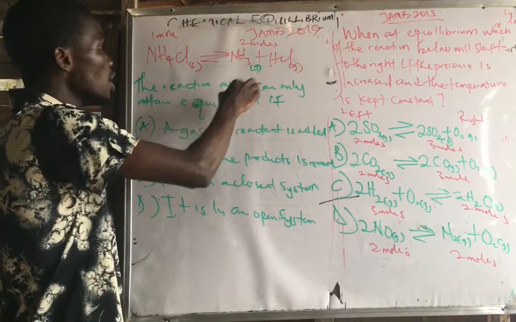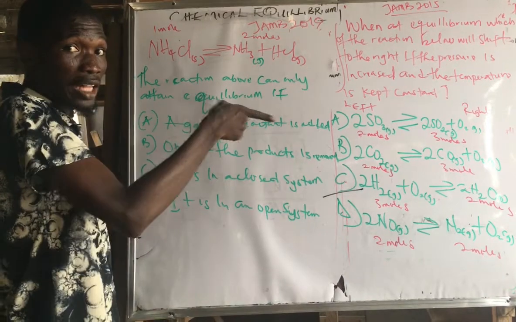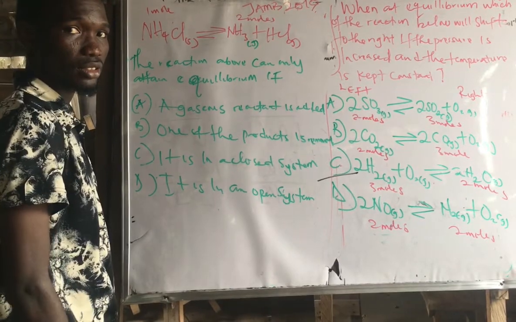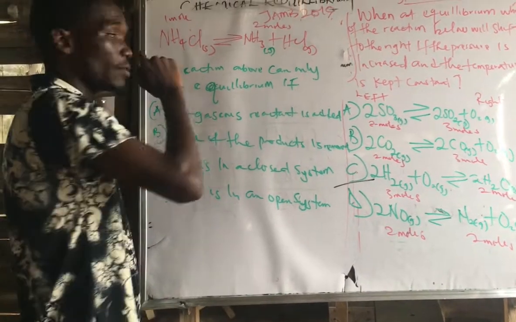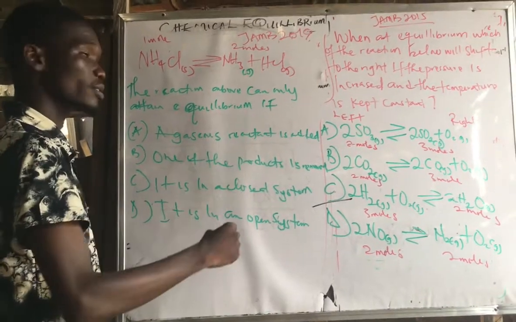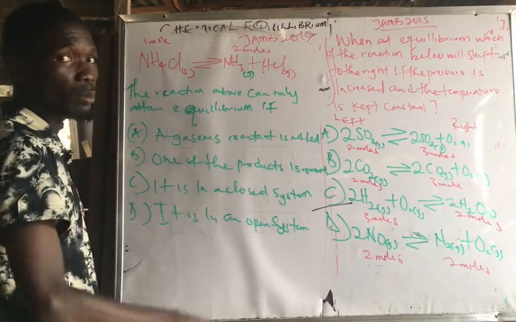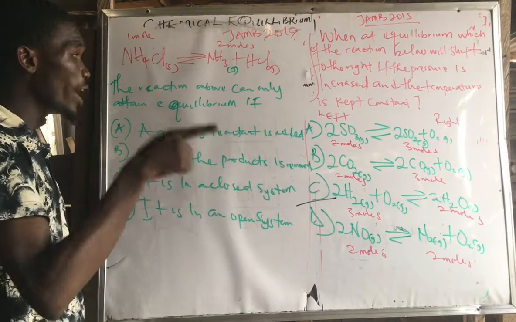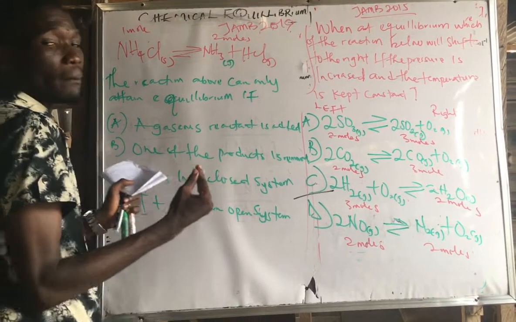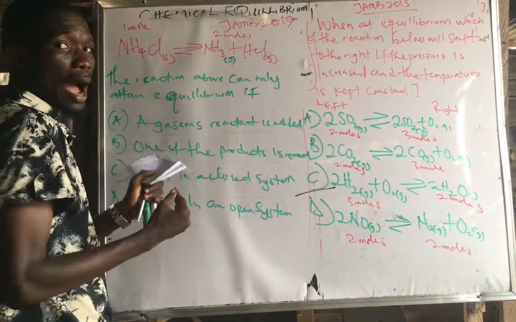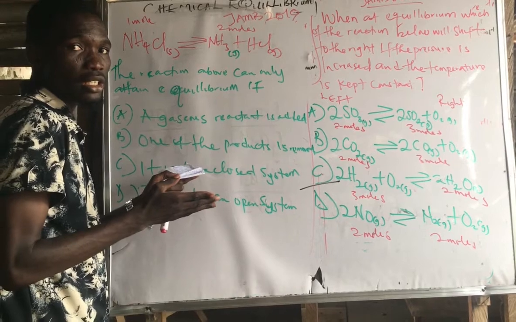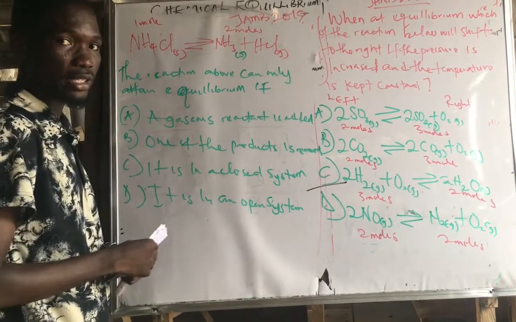For it to be removed, there will be a decrease at the product side. But a gaseous reactant is added. If I'm adding a gaseous reactant here, what will be the effect on the equilibrium, or how will it attain equilibrium? And don't forget that for it to attain equilibrium, we have to balance the reactant side and product side. Which one is lagging, either the solid, liquid, or gaseous phase?